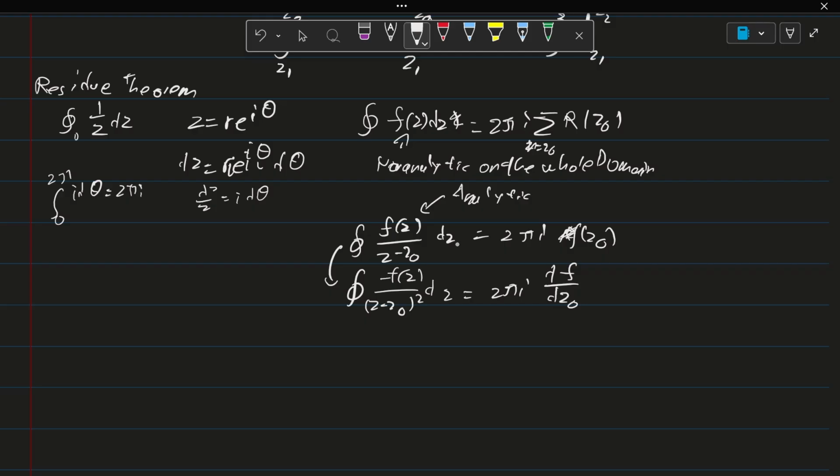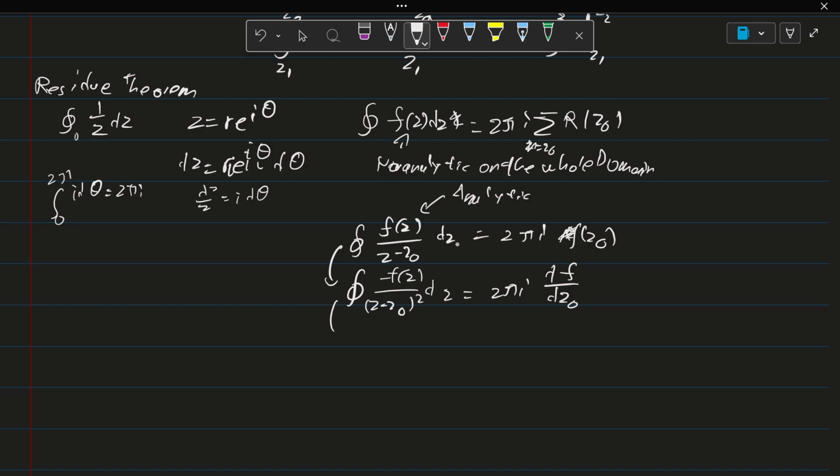Now this gives you a clue. Because we know that f(z) over (z minus z0) squared is defined for values other than z0, it means that df over dz0 must exist. But this could be extended much further.